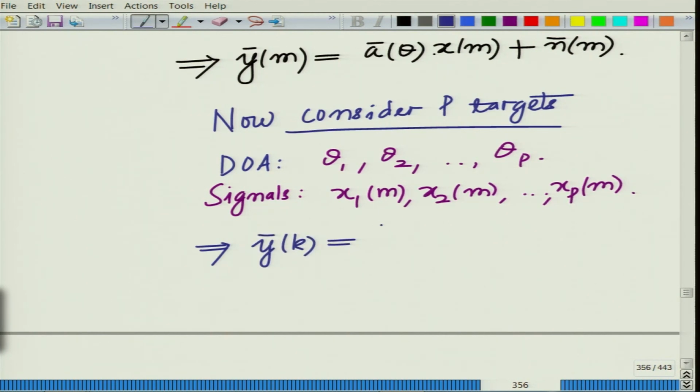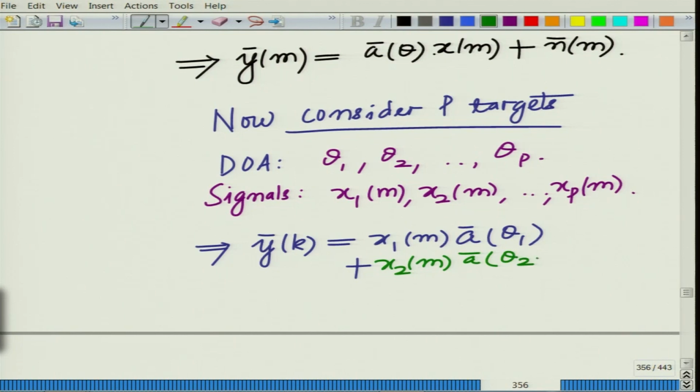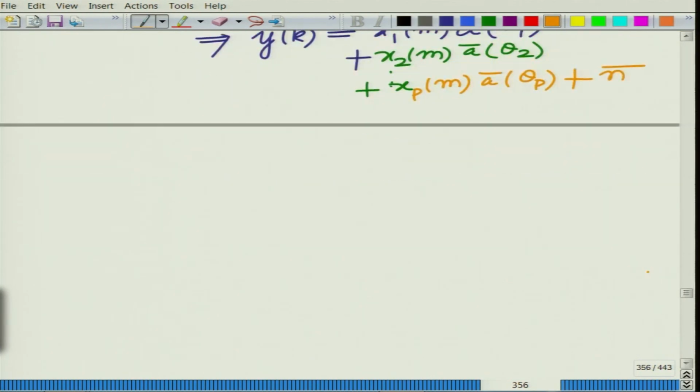This implies the multiple signal model will be the superposition of all of these, that is x1 of m a bar of theta 1 plus x2 of m a bar of theta 2 plus so on up to xp of m a bar of theta p, plus n bar.